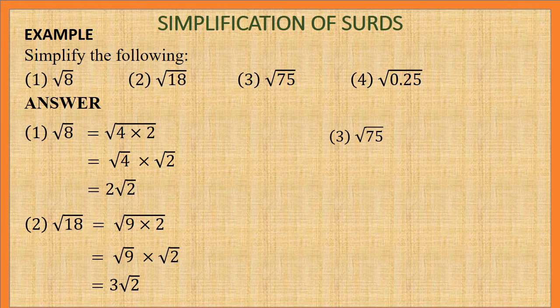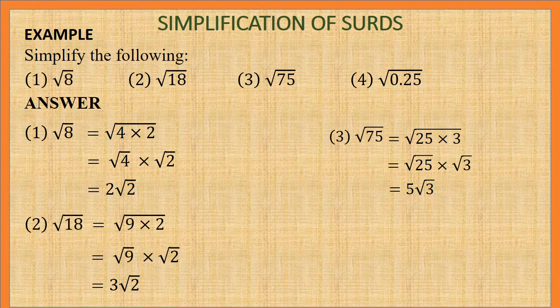Then you realize that 25 times 3 gives us 75. So this can be written as square root of 25 times 3, and this can be separated as square root of 25 times square root of 3, which is equal to 5 root of 3, because square root of 25 gives us 5.